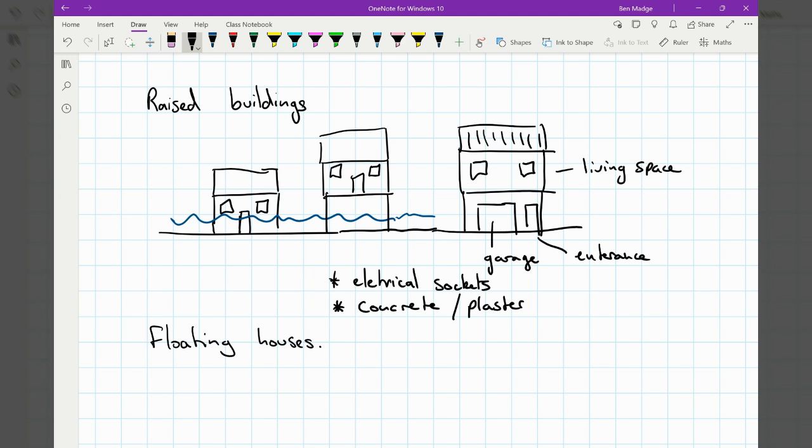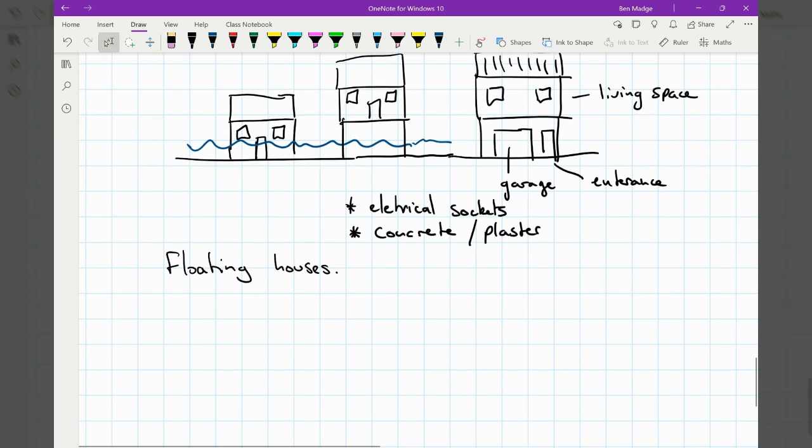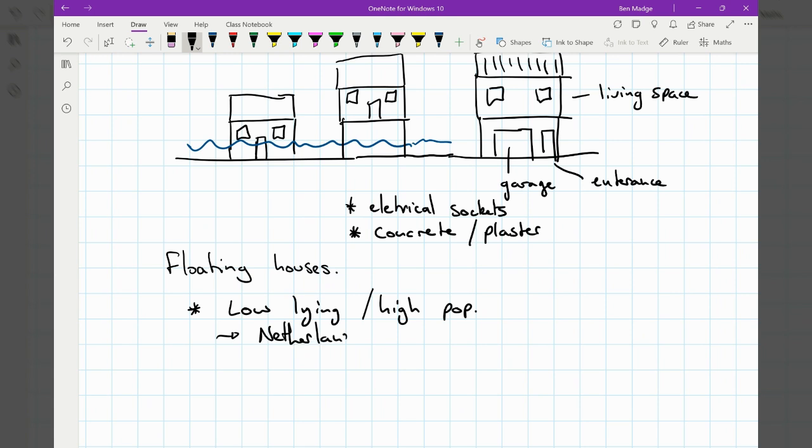And the last one then is floating houses. So places where they have quite extreme or very low-lying terrain, high population. You will find, so places like the Netherlands, Bangladesh and India, people will take to floating platforms.